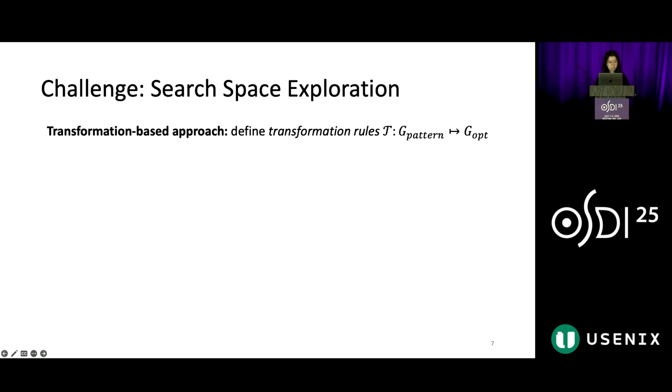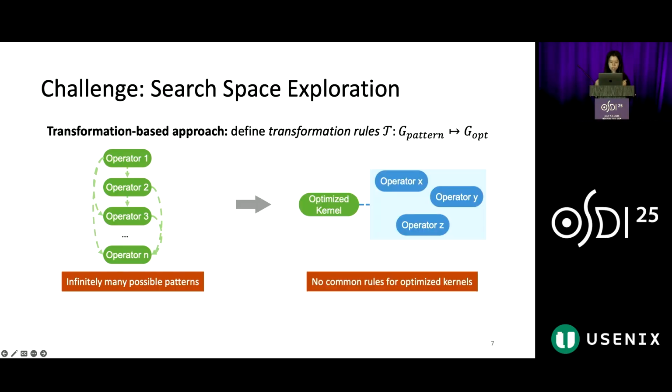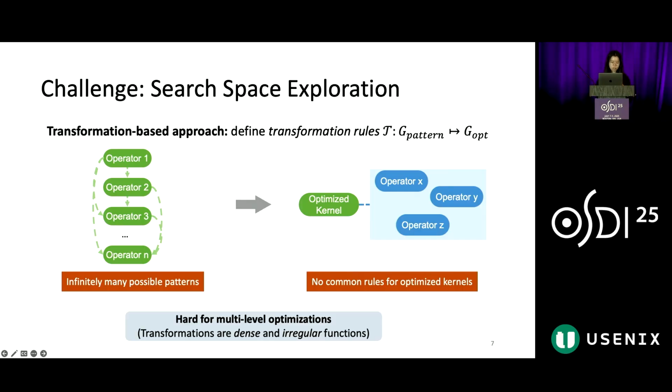However, if we consider the optimizations across multiple levels, the problem becomes hard. On the input side, since we can always fuse any operators into a single kernel, we can have infinitely many possible patterns. On the output side, there are no common rules for kernel fusion. Therefore, the transformations are dense and irregular, and it is hard for us to define the rules for them.